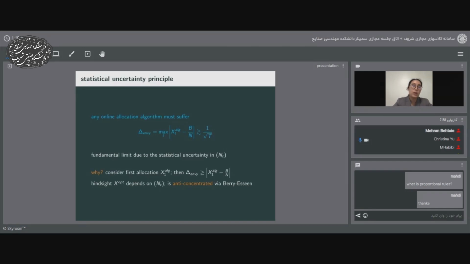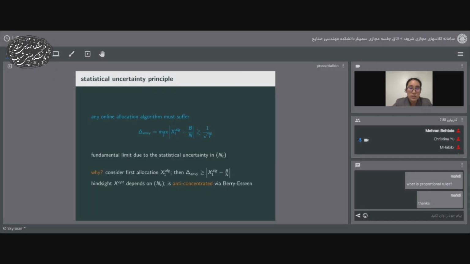You can use the result to say that as long as the variance of this distribution is bounded away from 0, then not only is the demand within roughly root t of its expectation, you can also say that with constant probability, it is away from the mean by order root t as well.